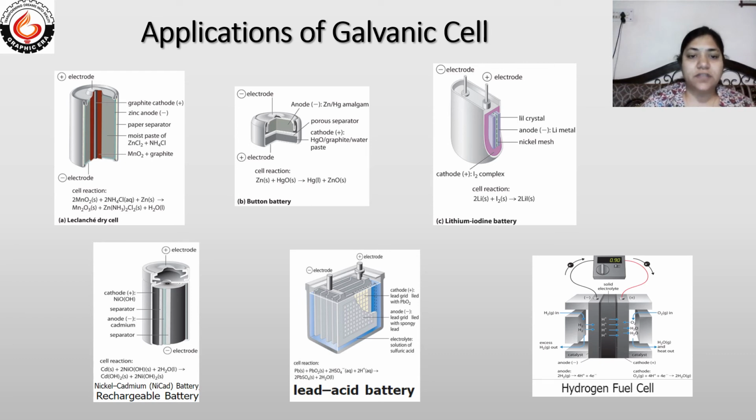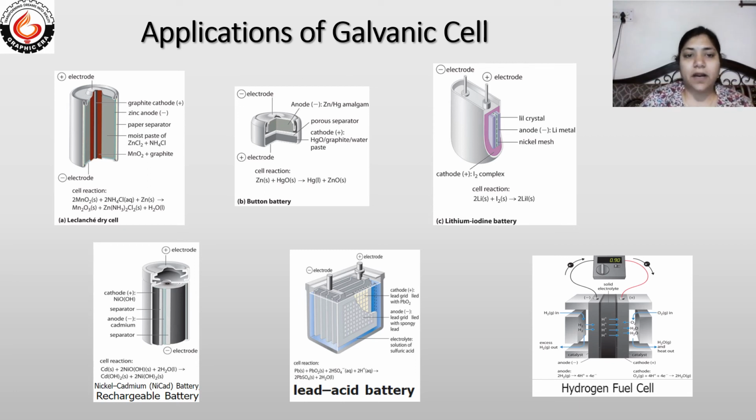The first three examples are of non-rechargeable galvanic cells, in which the first is Leclanché dry cell, which is a very common cell, AA, AAA type batteries, which are used in different gadgets, remotes, etc. Button battery, which is very commonly used in clocks and wristwatches, etc. And lithium iodine battery, which is commonly used in pacemakers.